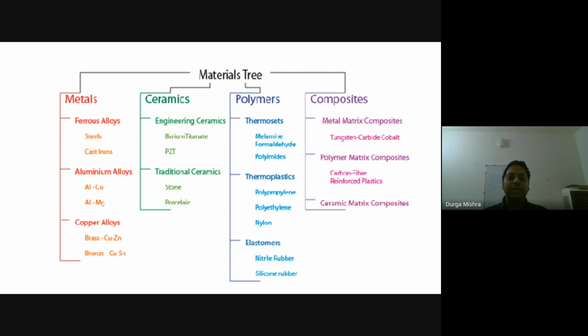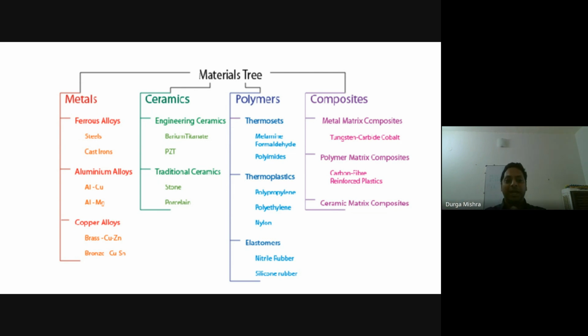By doing that, you can get the best characteristic of metal and the best characteristic of the polymer. Let's say a polymer is really flexible, but it is not conducting. If you incorporate metal, you can make it conducting as well as flexible. That is what we call the fourth class, the composites.